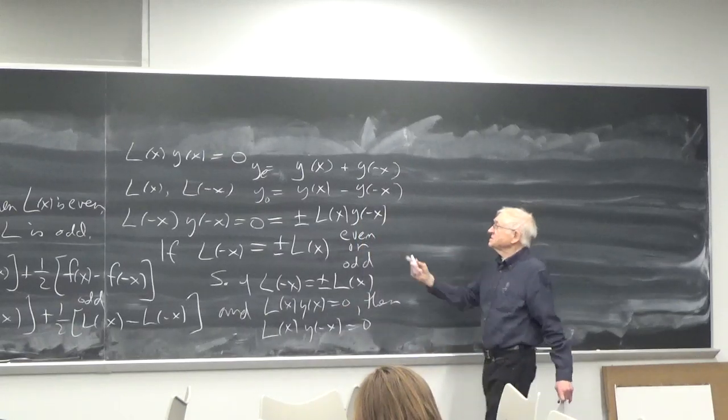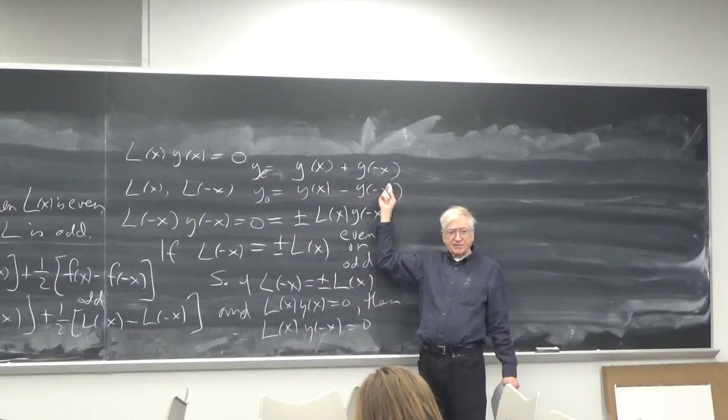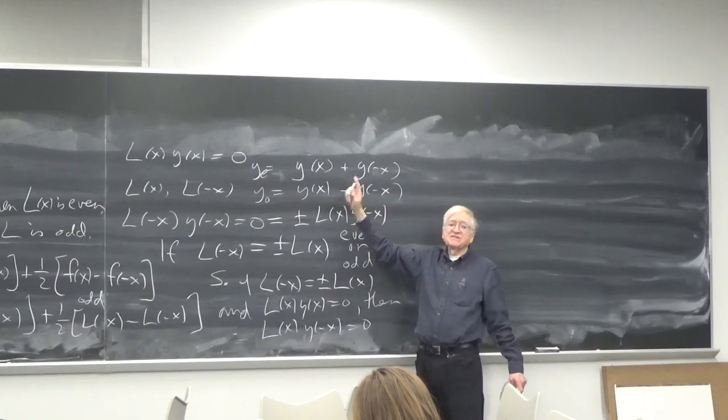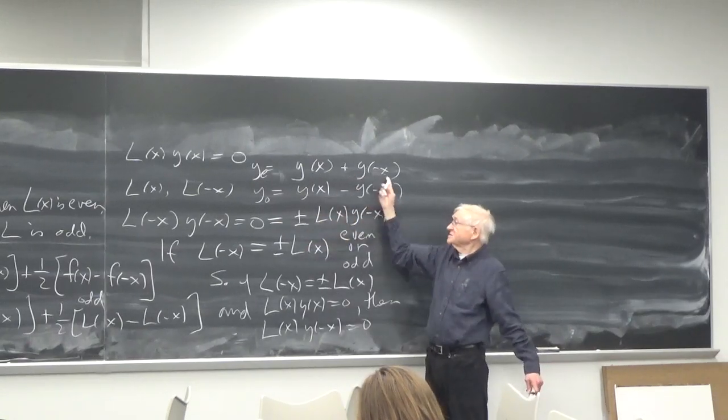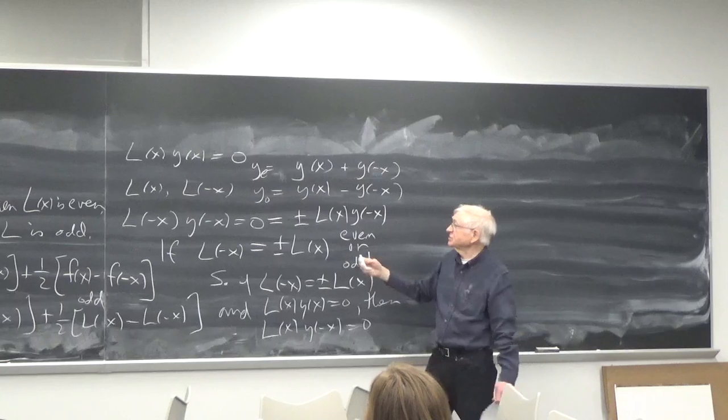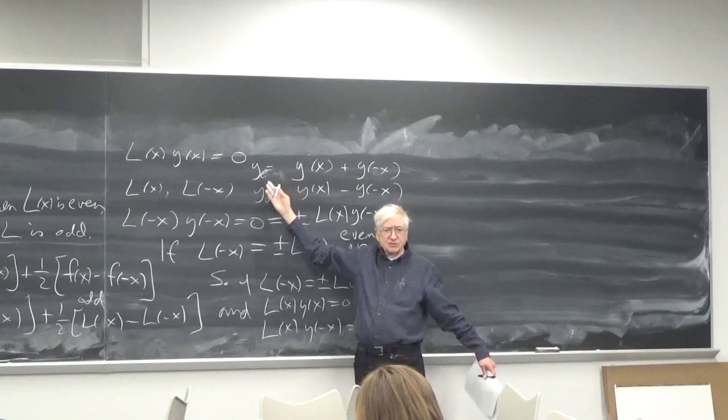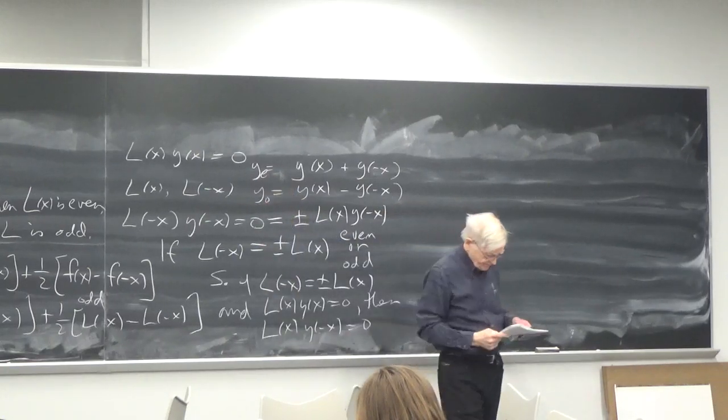And so, since y of x and y of minus x are both solutions, since the equation is linear, their sum and difference are also solutions, and one is an even solution, the other one is an odd solution.